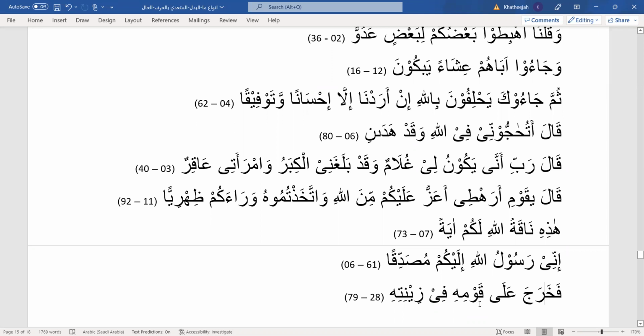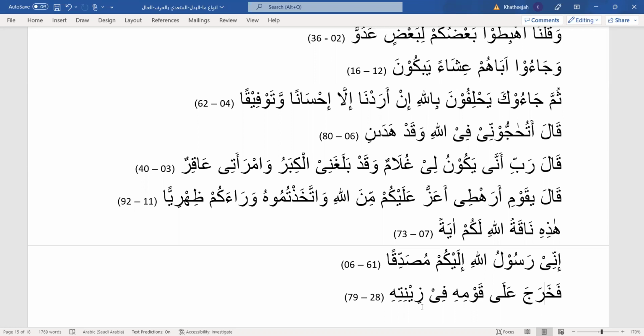So the whole mudaf mudaf ilayhi is proper because a pronoun is used as mudaf ilayhi. So fi zinatihi is a jar majroor coming after a proper noun, and over here it is used as hal. So he exited in front of his nation while he was in decoration. He was decorated.